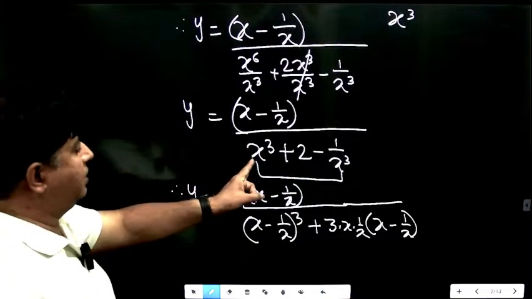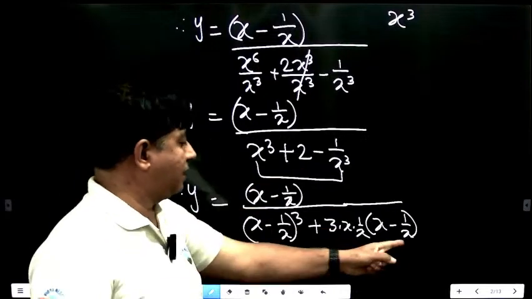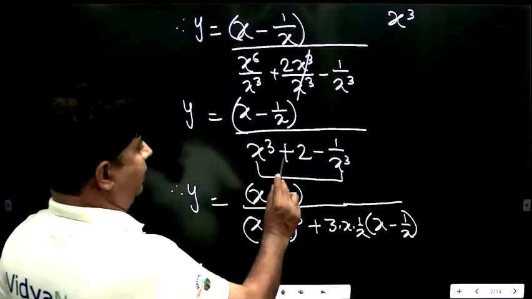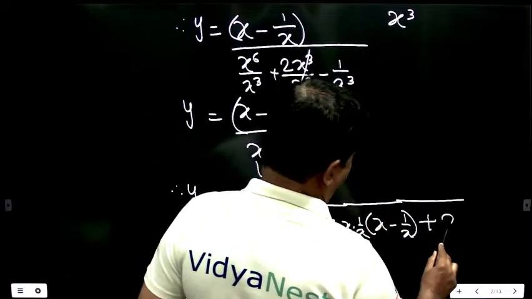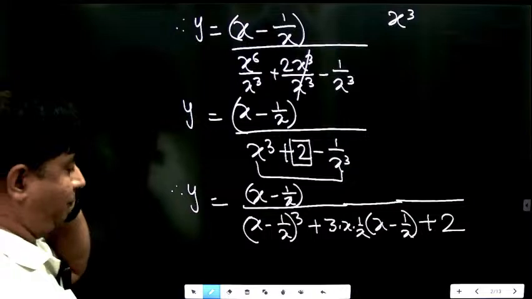So instead of that, x cube minus 1 by x cube, I have got this, and one numerical term we had isolatedly.